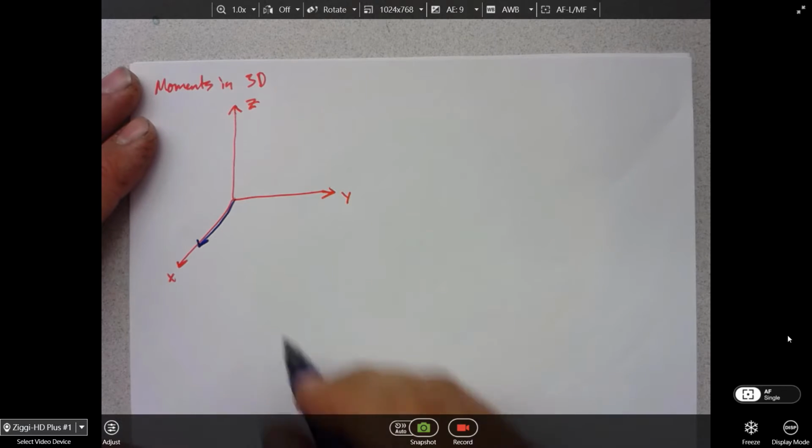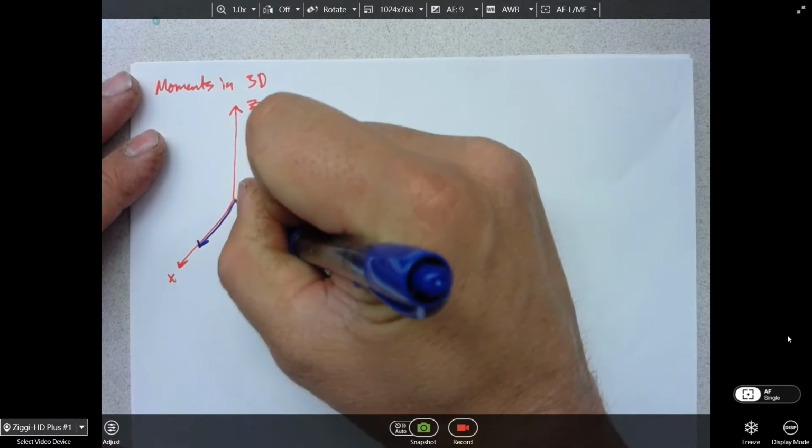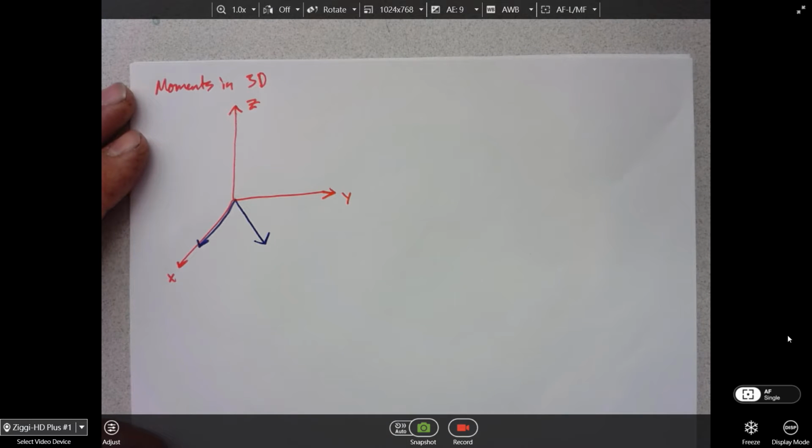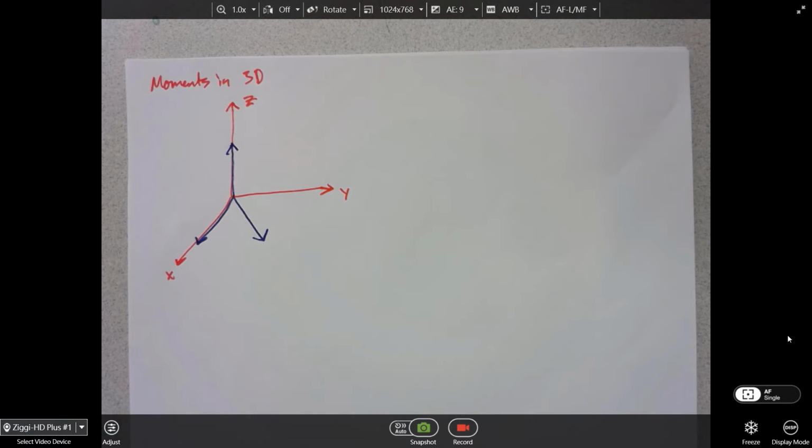If we have 2 vectors, we can take the cross product of these 2 vectors. If they lie in the xy plane, what will it result in? A perpendicular vector going straight up. So the cross product is a way of multiplying 2 vectors.